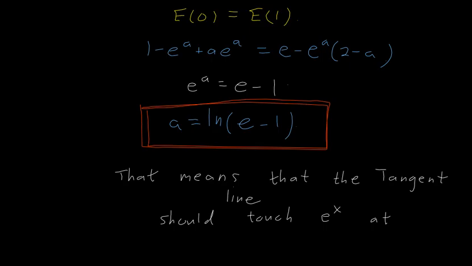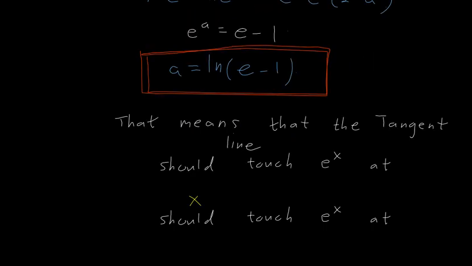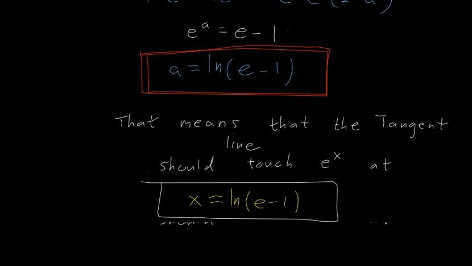So at x equals ln of e minus 1. Okay, that is it. Well, we have step 4.